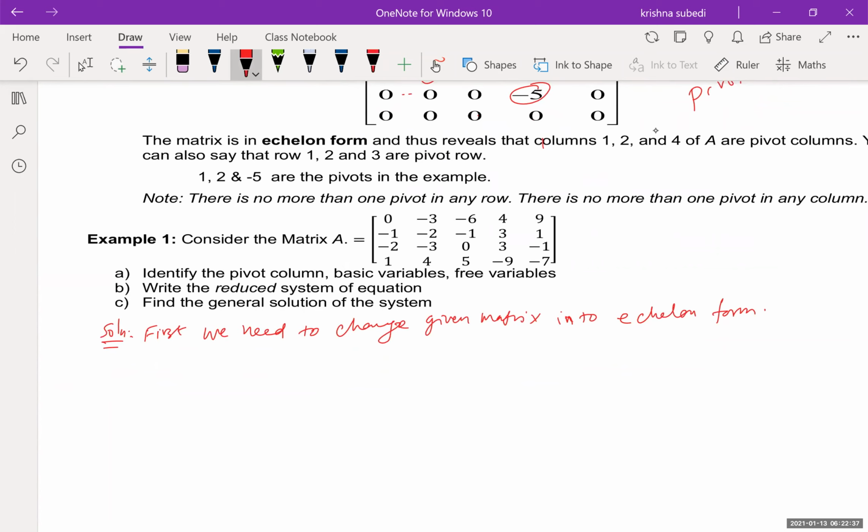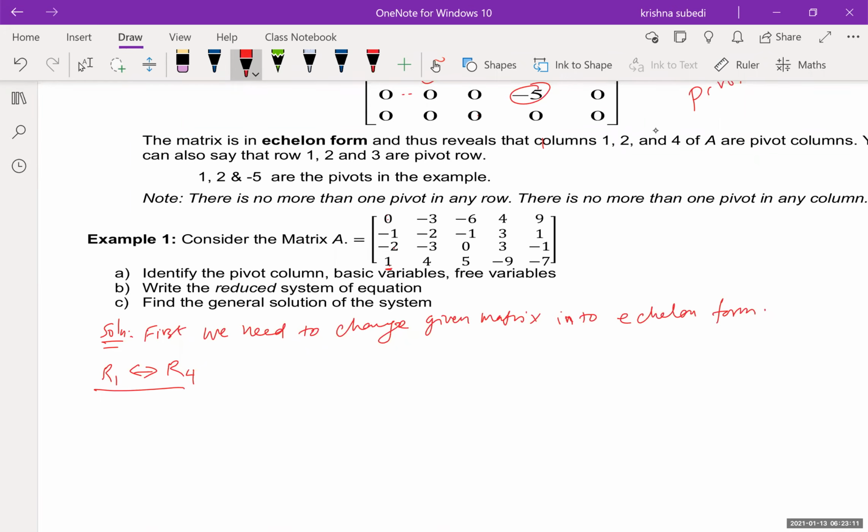In order to do this, the first thing you may want to try is switching R1 and R2, because this one is 0. We don't want that 0. You can switch R1 and R3, or R1 and R4, because I see that there is a positive value. So I want to switch R1 and R4. But you are free to interchange R1 and R2, or R1 and R3, no problem.